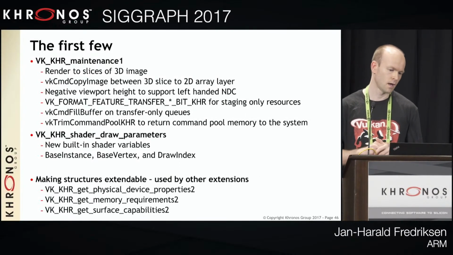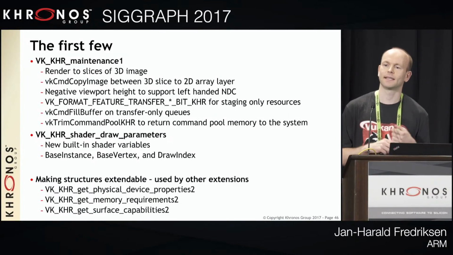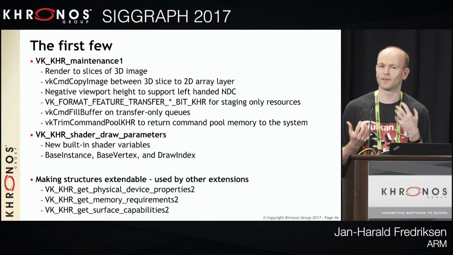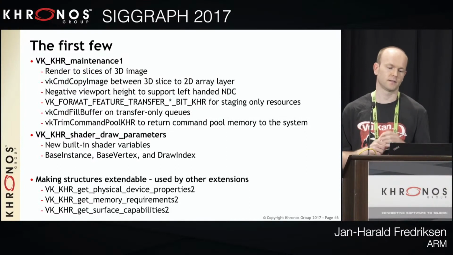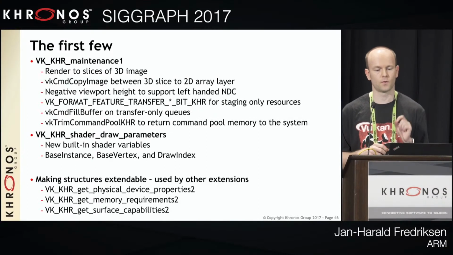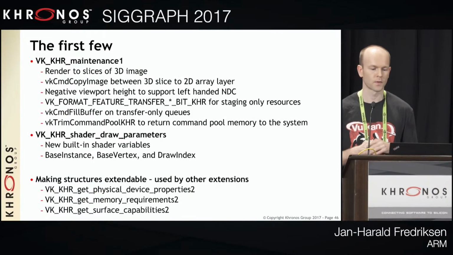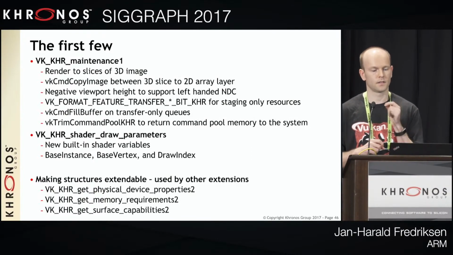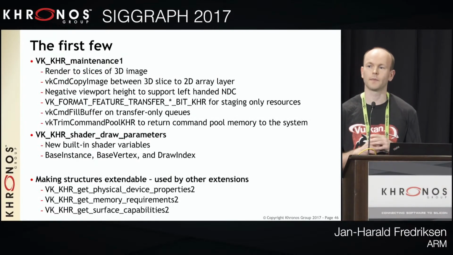So the first few are fairly old extensions. I'll cover these quickly. We had a maintenance 1 extension, which is basically things that didn't turn out quite right when we shipped 1.0. And so there's a bunch of minor fixes that were put into that. I think the two key ones that I'd highlight are the better support for 2D array layers, so you can copy between 3D slices and 2D arrays, and also the ability to flip the viewport so that you can match the coordinate space in other APIs.